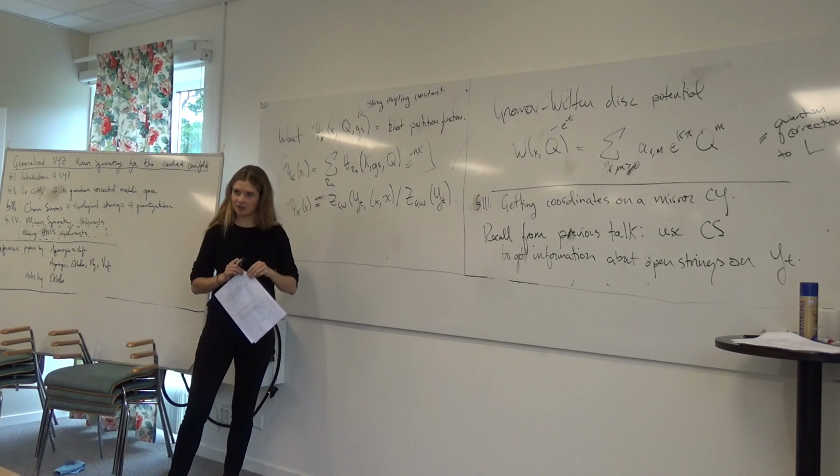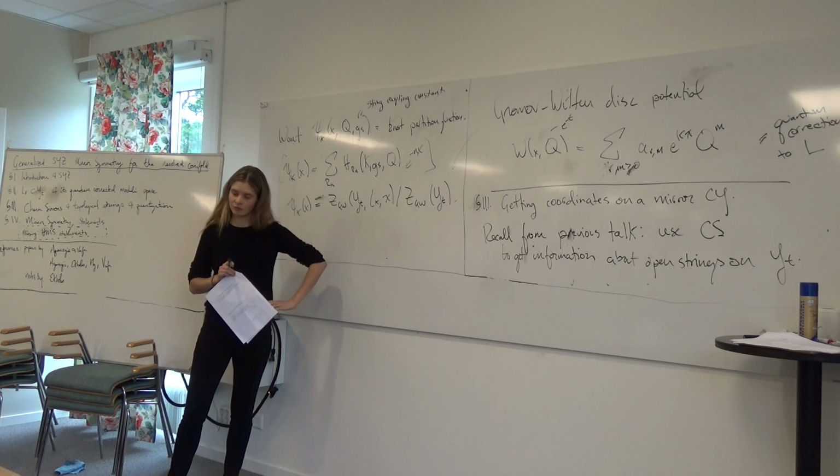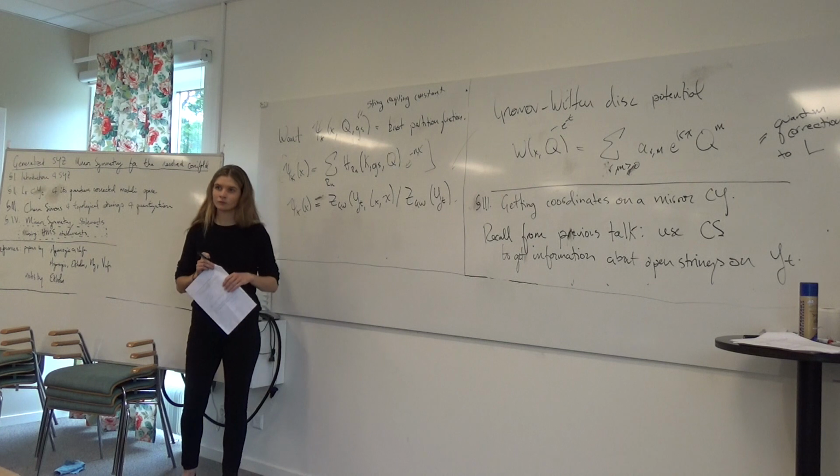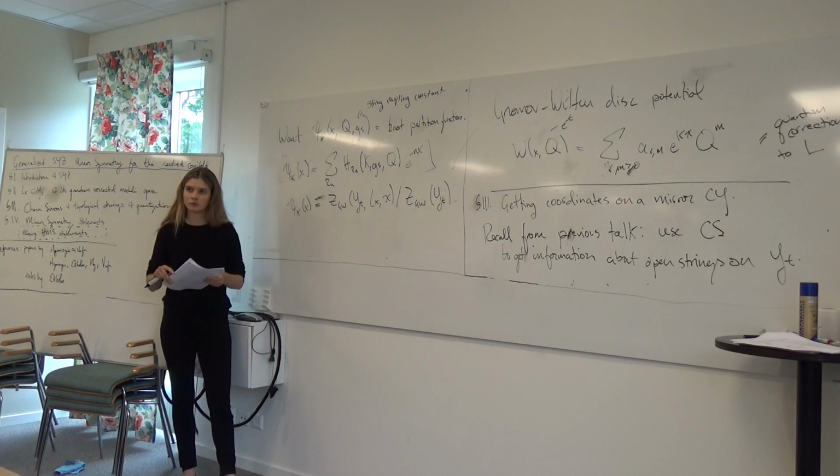If I understand correctly, the moral of John's talk was that in the closed string case, when you don't have a torus and associated Lagrangian, you have some Chern-Simons theory on S3 that is basically equivalent to Gromov-Witten theory on this resolved conifold.